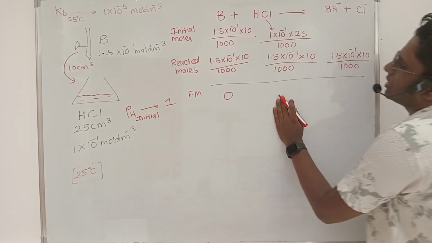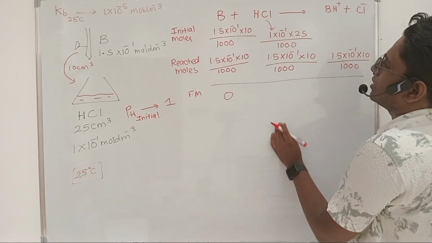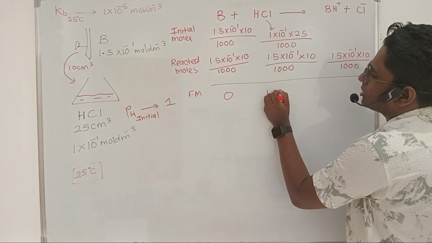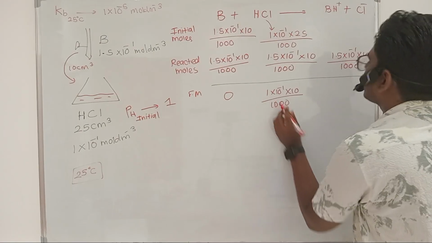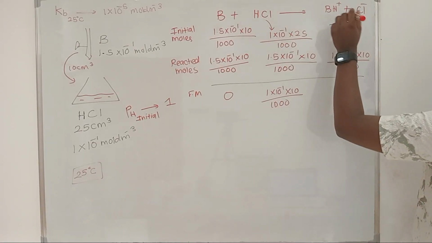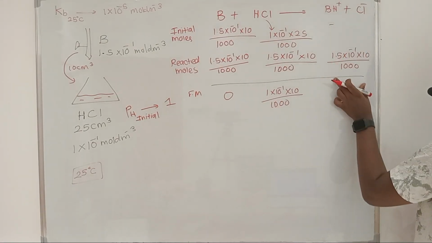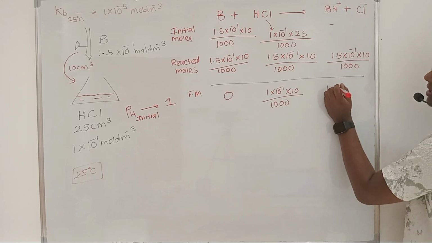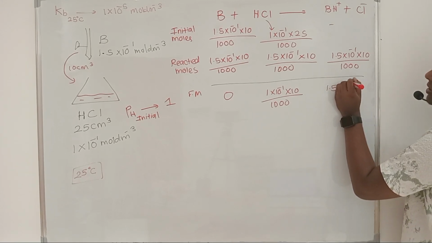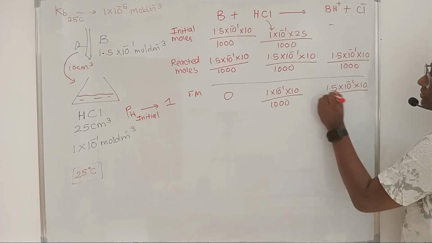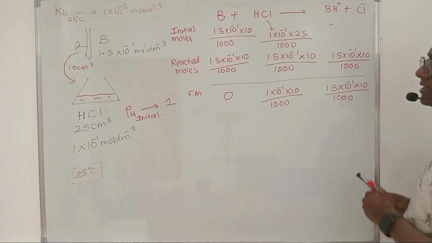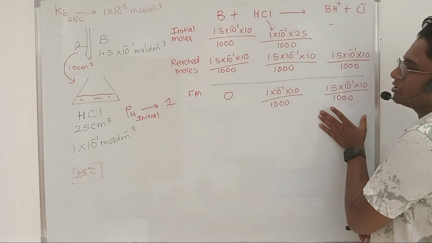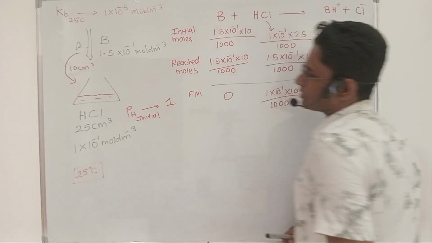For HCl, 1 × 10^-1 × 25/1000 minus 1.5 × 10^-1 × 10/1000. And BH+ has the same value as the amount formed, because initially BH+ is not there: 1.5 × 10^-1 × 10/1000. This is after the reaction, the final moles present in the titration flask.